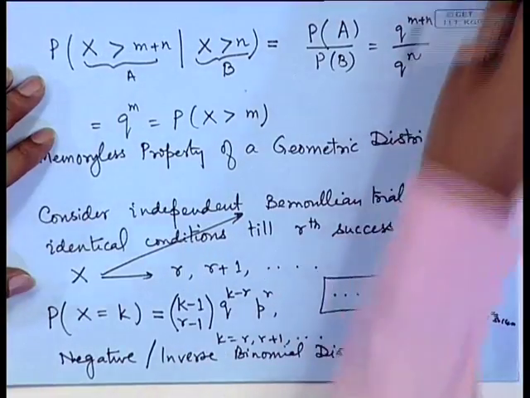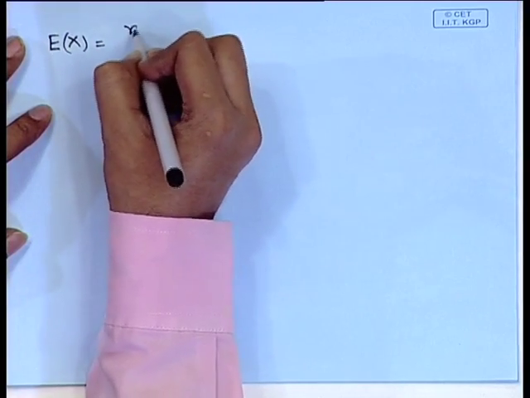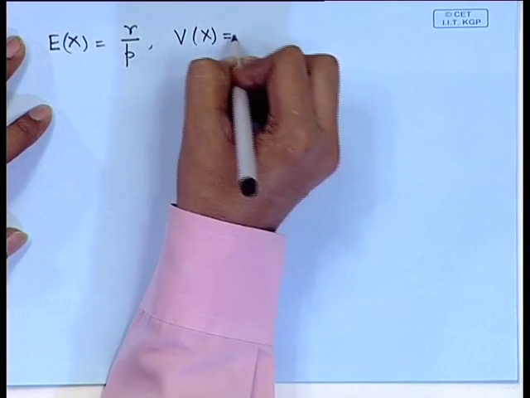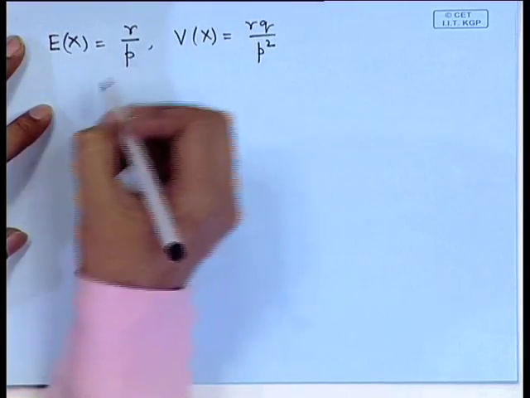So, if we make use of that formula, we will get expectation of x equal to r by p. If we look at the variance of x, we will get r q by p square.